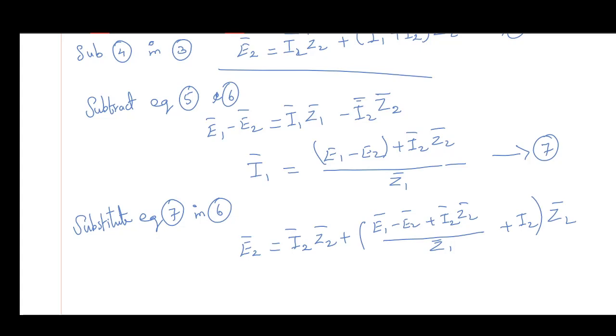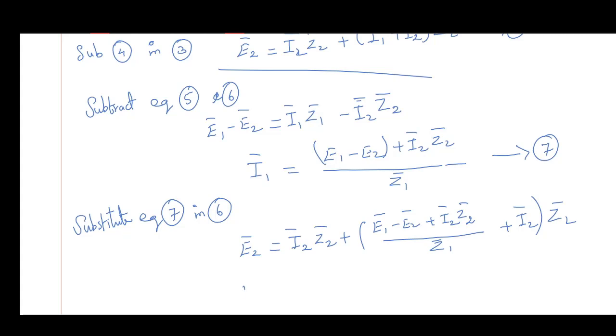Am I correct? Sorry, this is not ZL, this is Z2. I2 vector into Z2 vector. Now I am going to simplify these values. I am going to multiply this Z1 to I2, and then multiply the ZL to all the terms.